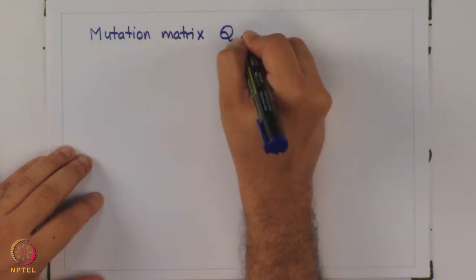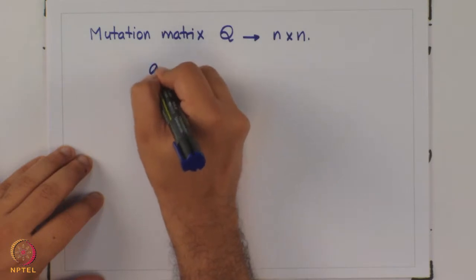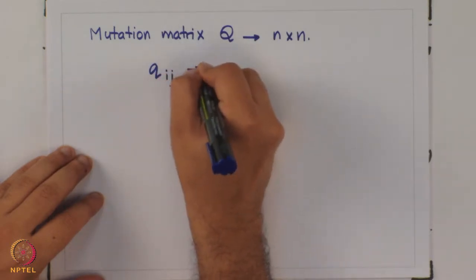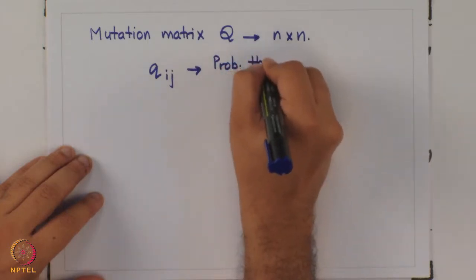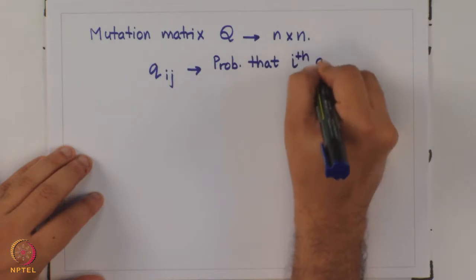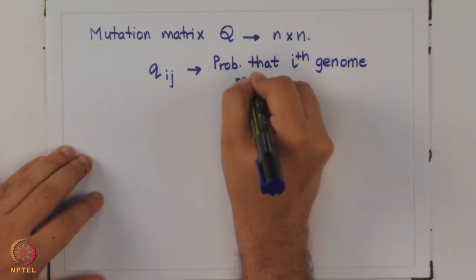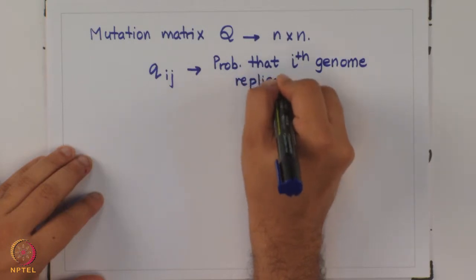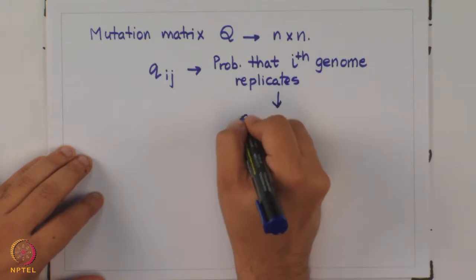which is an n cross n matrix, and Qij represents the probability that when the ith genome replicates, the progeny upon replication belongs to genome j.